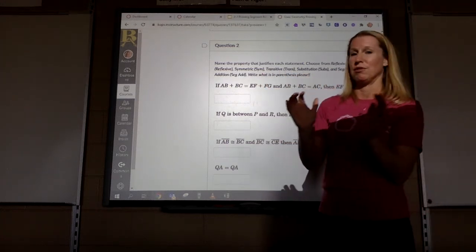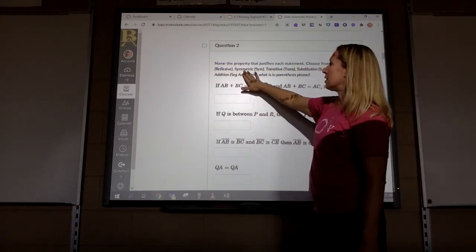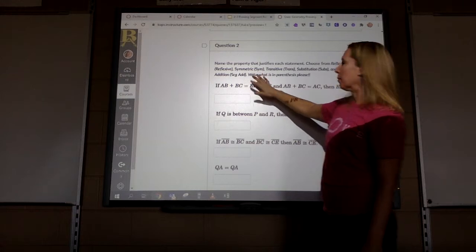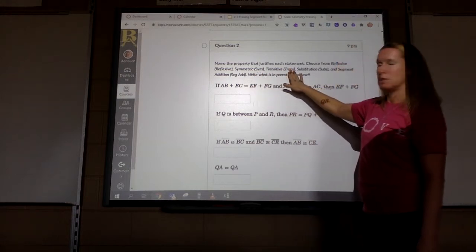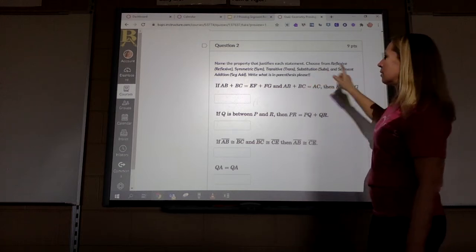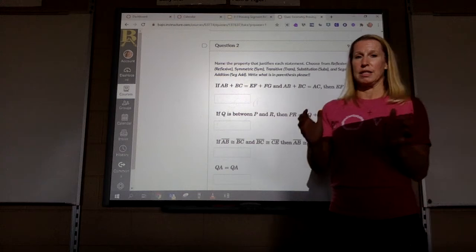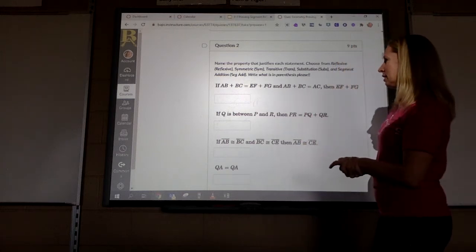Do not put the parentheses around it. If it's reflexive property, you will put reflexive. If it's symmetric property, just put SYM. If it's transitive property, just put trans. Substitution, put subs. Segment addition, you can say seg add. So don't put the parentheses, but put the words that are in the parentheses.